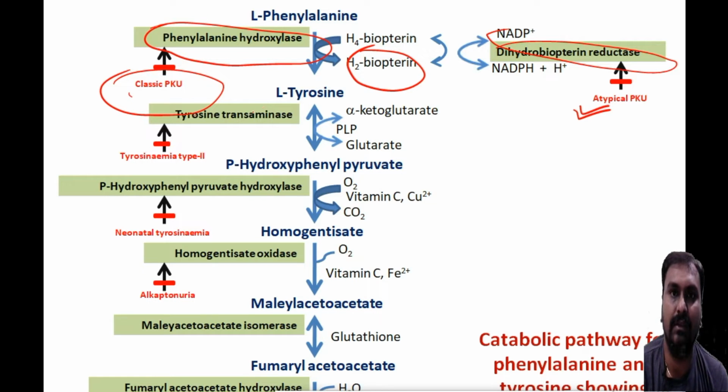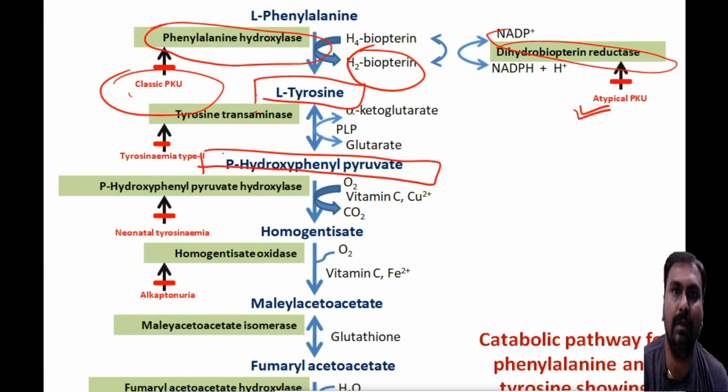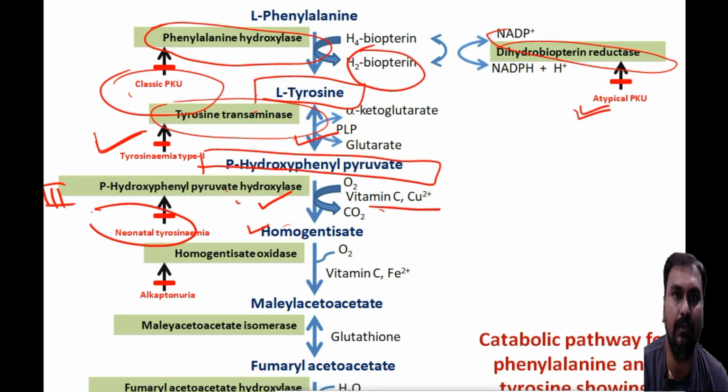Tyrosine is converted to PHPP, para-hydroxyphenylpyruvate, by a transamination reaction. If tyrosine transaminase is deficient, it leads to tyrosinemia type 2. Then PHPP is converted to homogentisate by PHPP hydroxylase, which requires vitamin C and copper. If this enzyme is deficient, it leads to type 3 or neonatal tyrosinemia.